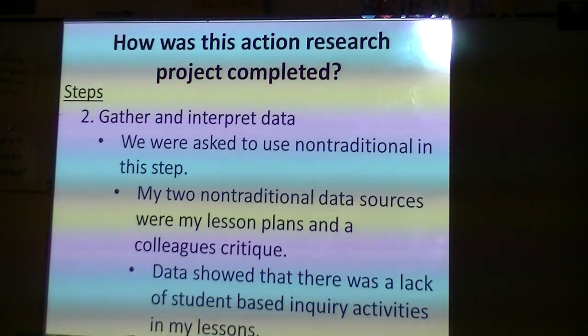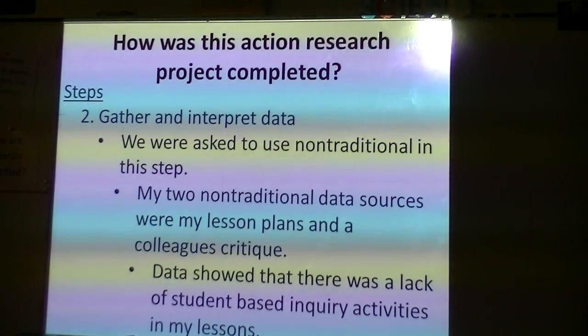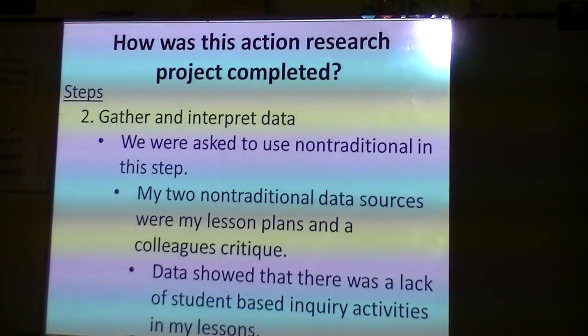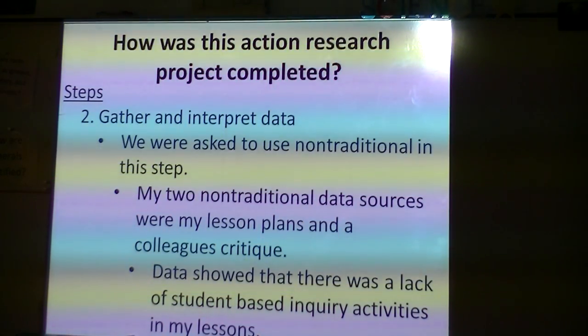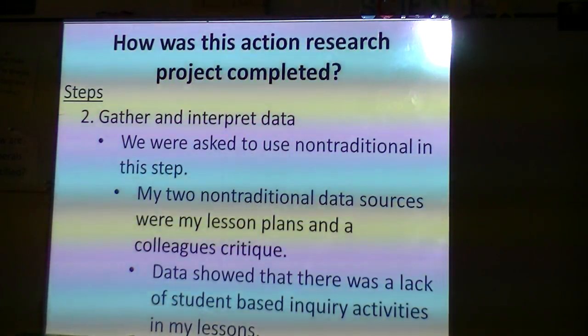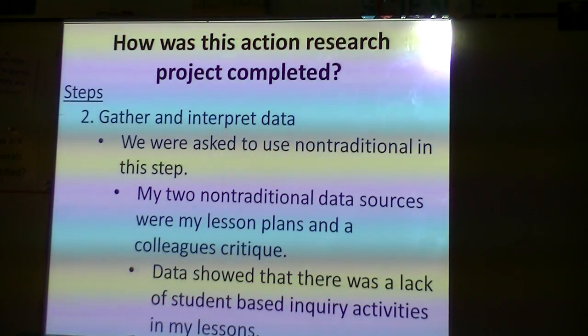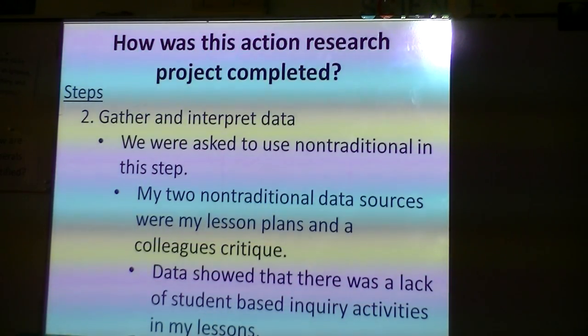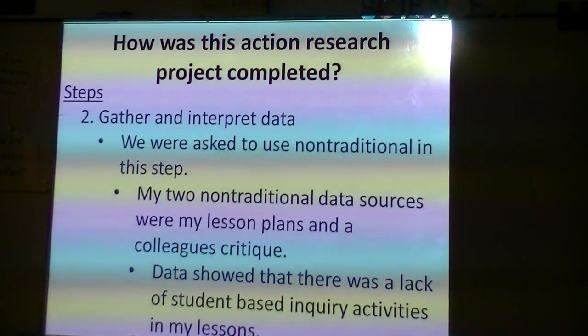Second, gather and interpret data. In this section, we are asked to look at non-traditional data. Non-traditional data is things like lesson plans or another teacher coming to observe you. It's not tests and quizzes and other hard data that we're used to looking at.